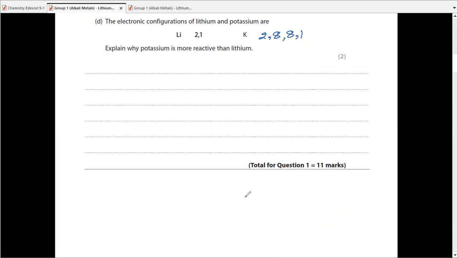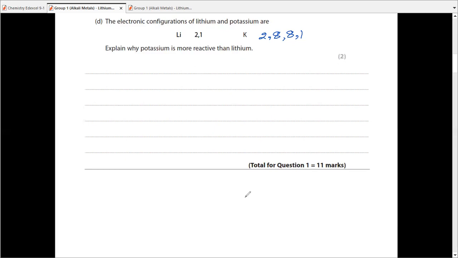No, it's totally electronic configuration. Remember, there was some extended portion at the end of the chapter where we discussed why lithium is less reactive than potassium, or sodium is less reactive than potassium. There were structures drawn, electronic configuration, nucleus, outer shell electrons.